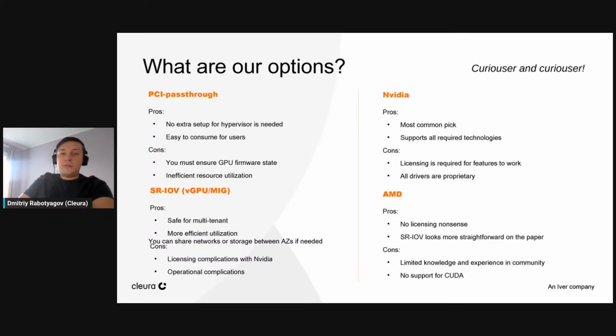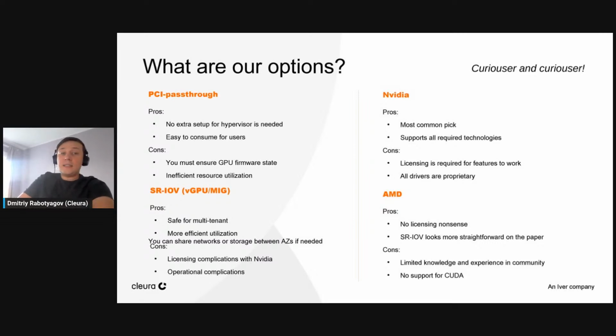Also, if you're not using PCI Express over Ethernet and don't have a standalone rack full of GPUs, then you will end up with 2 GPU VMs per compute host at best, because you are limited by PCI Express slots, and you cannot place more hardware GPUs into the same server. So it's quite a limitation.